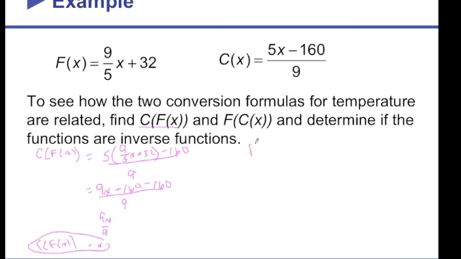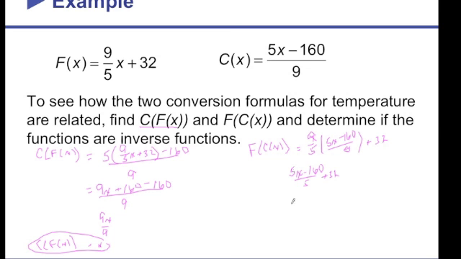Now we want to find f of c of x. So we'll start with f of x, 9/5 times (5x minus 160) over 9, plus 32. Well, these 9's will cancel out, and we'll end up with (5x minus 160) divided by 5, plus 32.